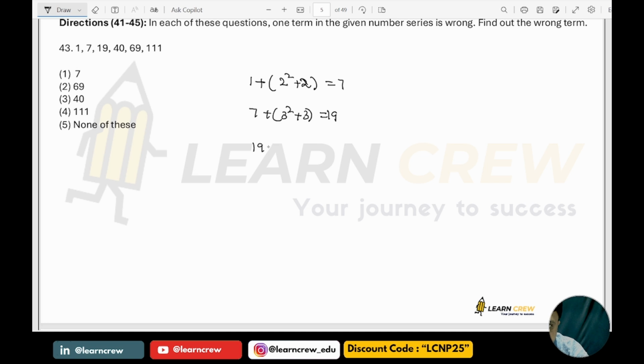And 19 plus 4 square plus 4 is 39. So 40 is the wrong number. If it is 39, then 39 plus 5 square plus 5 is 69, which is correct. So the wrong number is 40 here. In that place, the right number is 39.